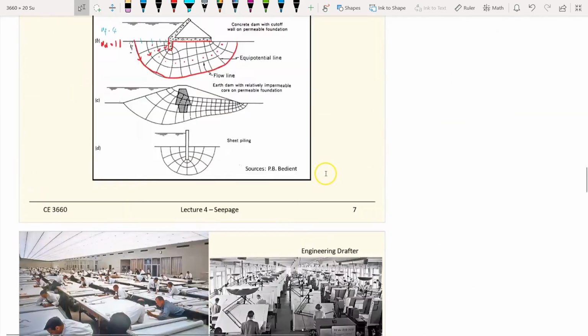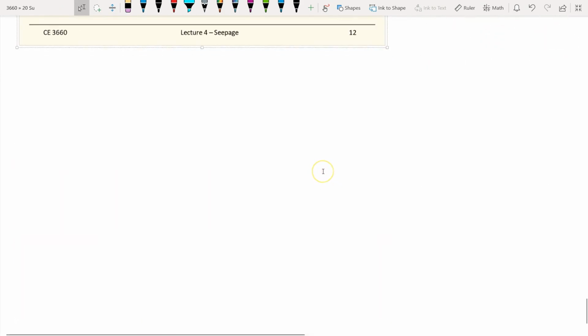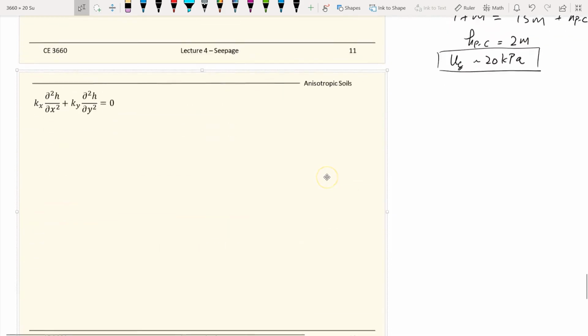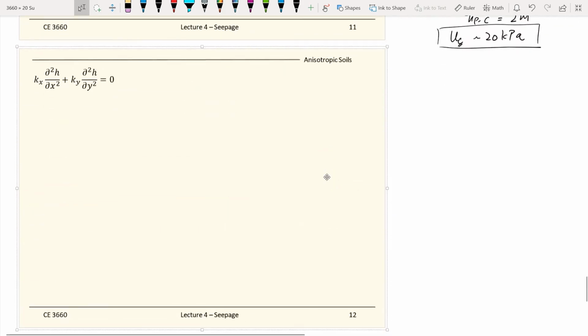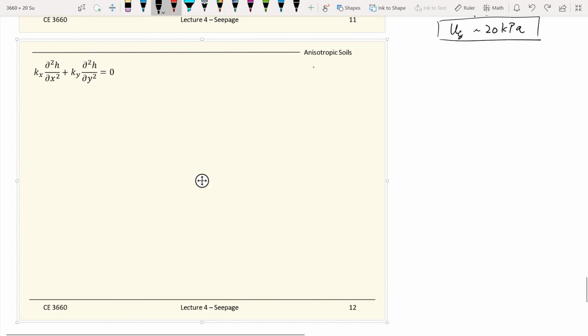And when using the flow net, there are some tricks, some procedures to help us get around the shortcomings. We call this using transformations, like scaling factors. So for the case when we have anisotropic soils, it means our KV is not equal to KH.